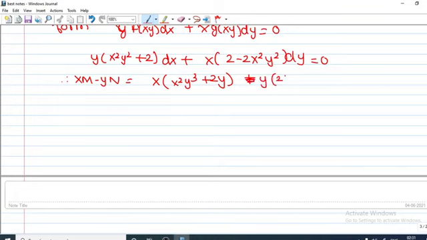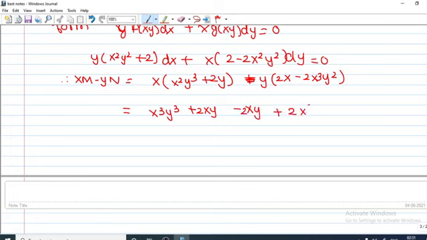N is 2x minus 2x cube y square. If I multiply, you can clearly make out 3x cube y cube.